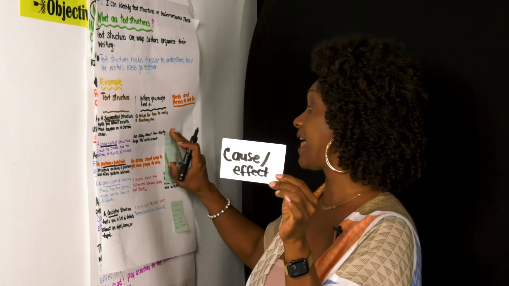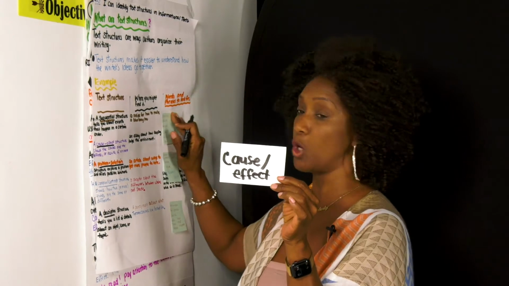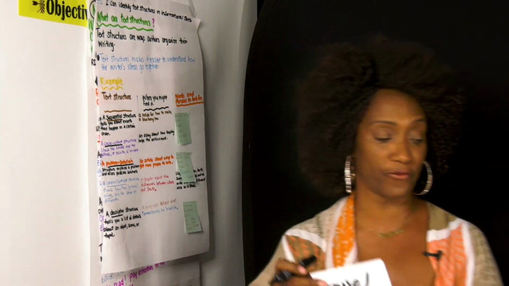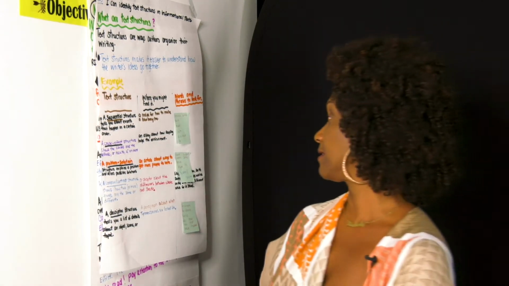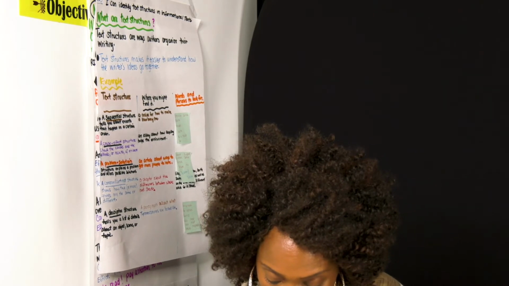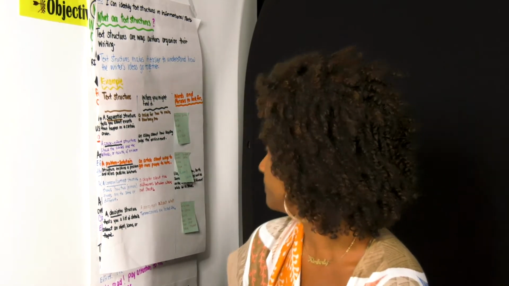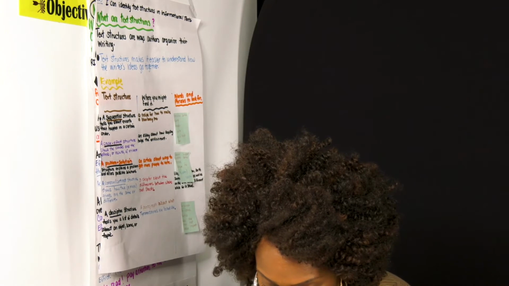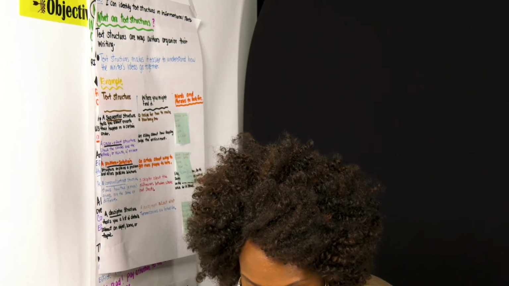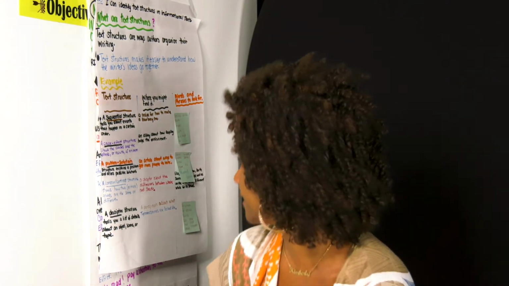Okay, now let's look at some of our buzzwords when we're trying to determine the text structure of cause and effect. So we know that some of our buzzwords are because, due to, reason.